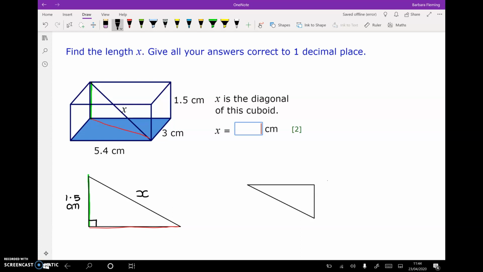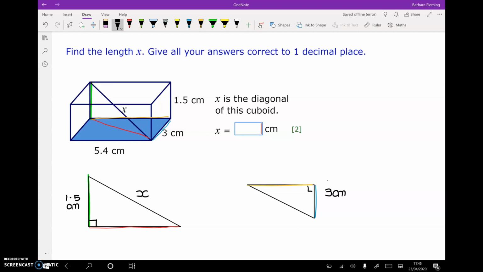This triangle is like a bird's eye view of the shape. So if we're looking down in the shape, this side here is the same as this side here. So that's our 3 centimeters. And then we've got our along the way, to create our angle, that's our along the way there.